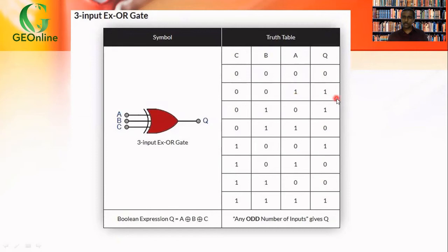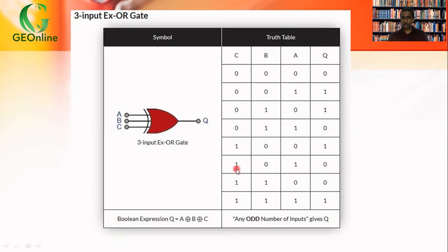If we consider this case, we have only one 1 here, therefore the output is high. Here also 1 is only at a single time, therefore high. Here if we count, 1 plus 1, the count is 2, therefore 0 here. Here only one 1, therefore 1.